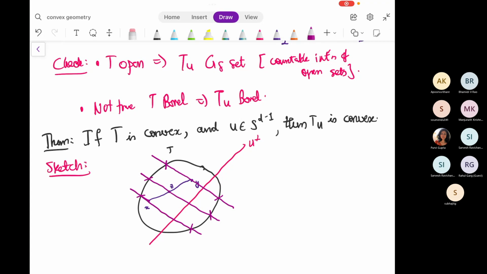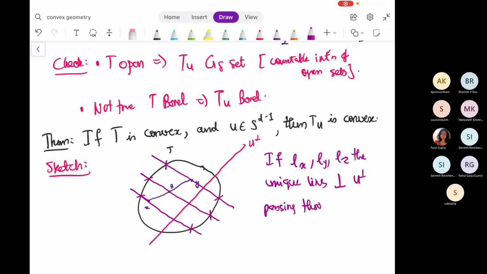If I call Lx, Ly, and Lz the unique lines which are perpendicular to UPerp passing through X, Y, Z, then the intersections of these lines with T is what matters.